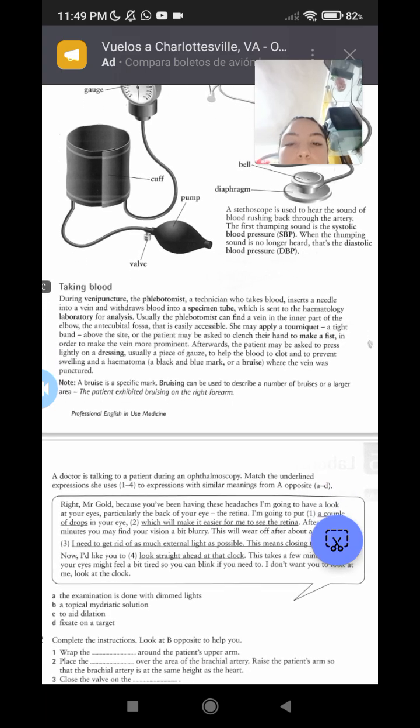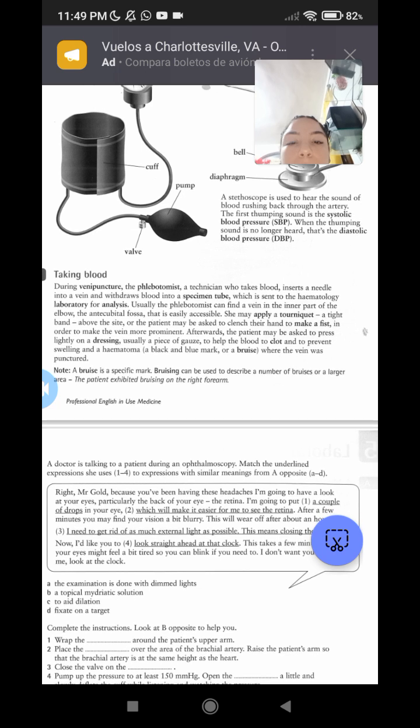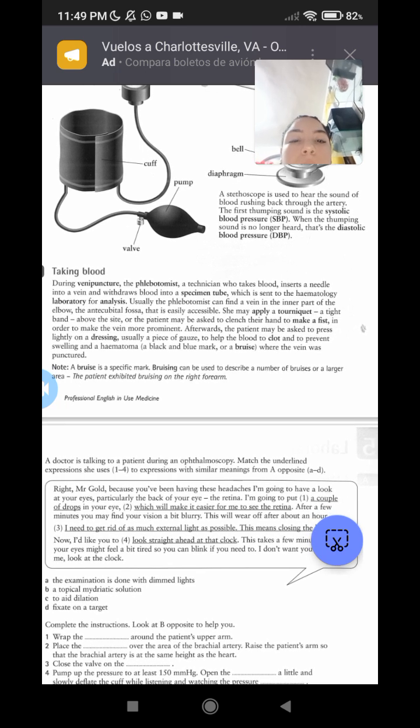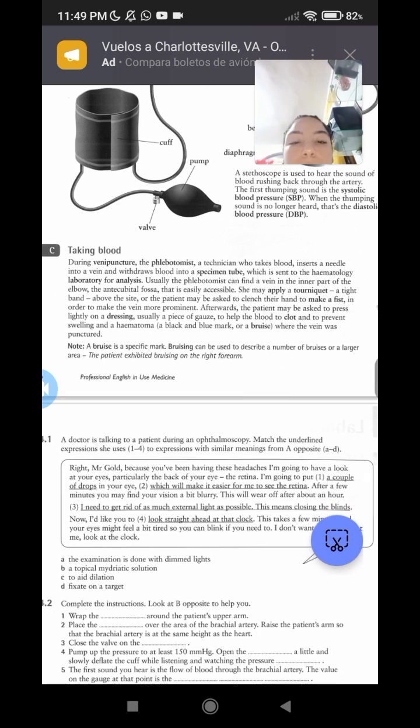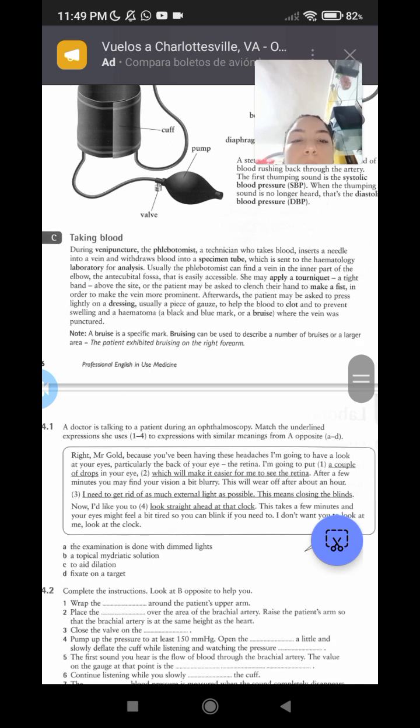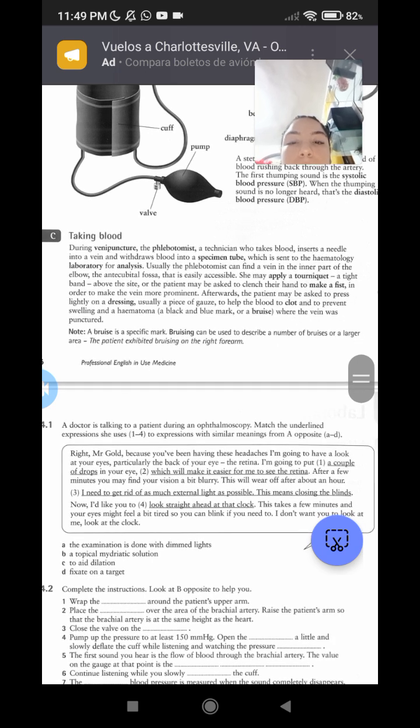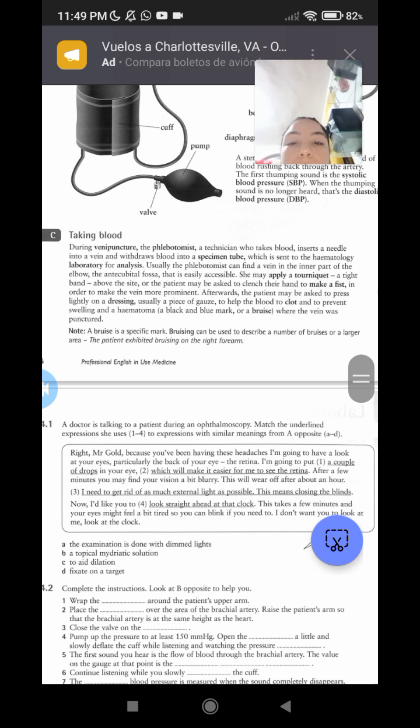Taking blood. During venipuncture, the phlebotomist, a technician who takes blood, inserts a needle into a vein and withdraws blood into a specimen tube. It is sent to the hematology laboratory for analysis.